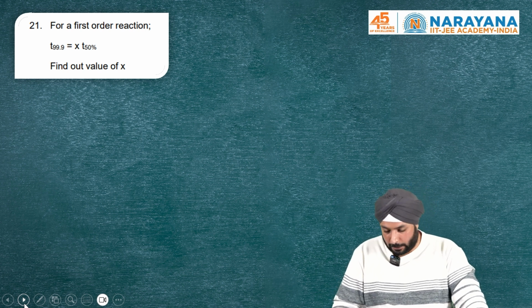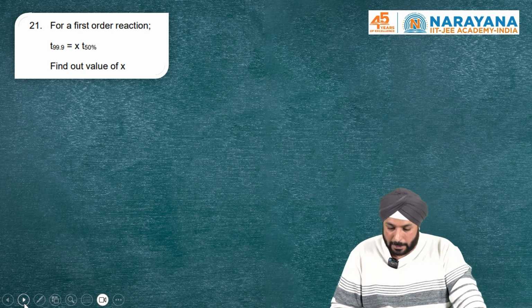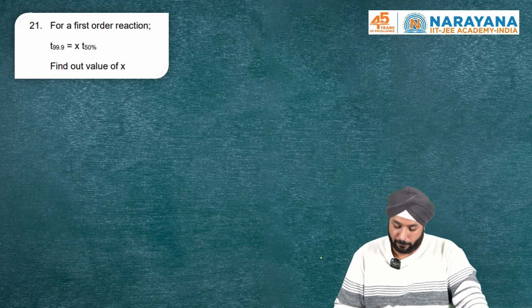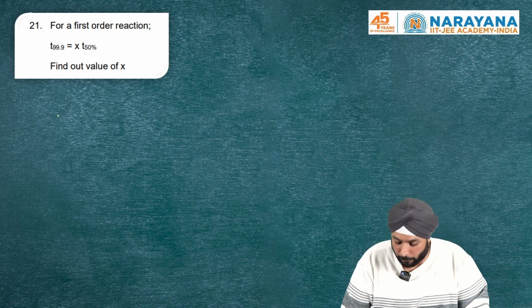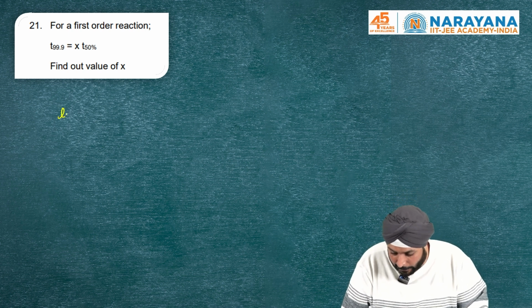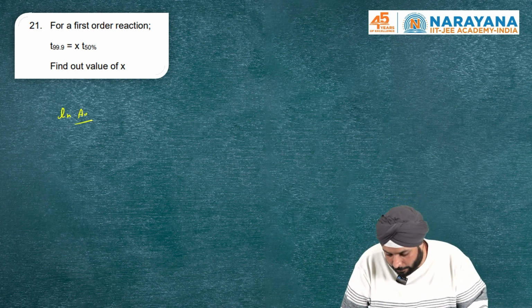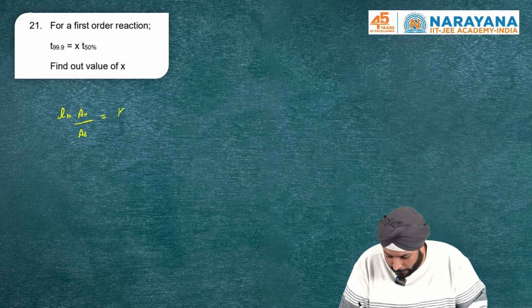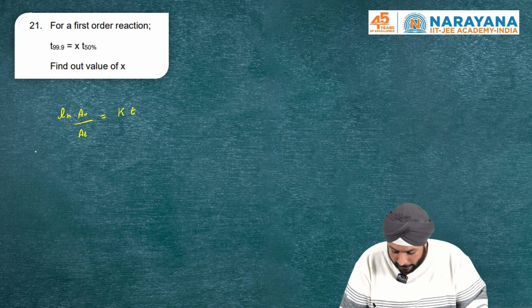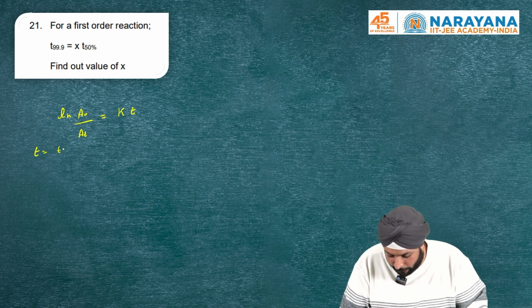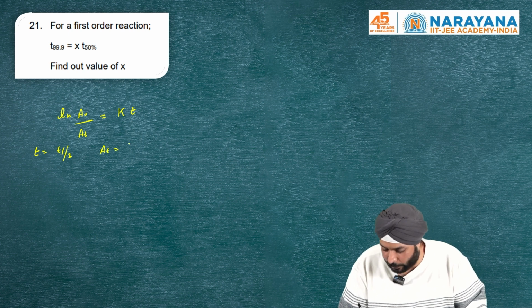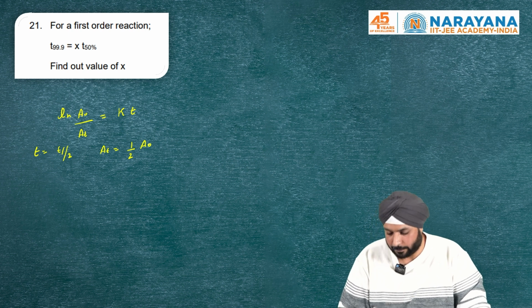Now, for a first order reaction, T 99.9 is equal to x times T half. Now, listen, for first order reaction, you know that ln A naught by AT is actually equal to KT. And when T is equal to T half, AT is actually equal to half times A naught.